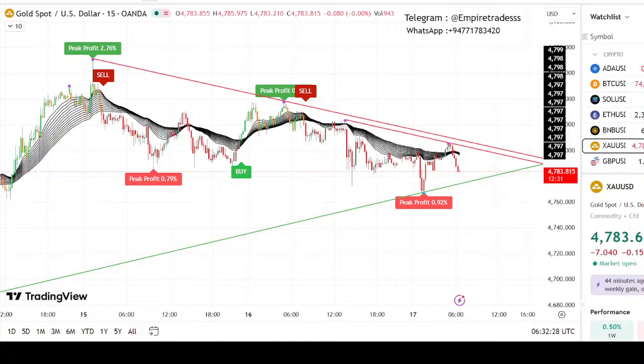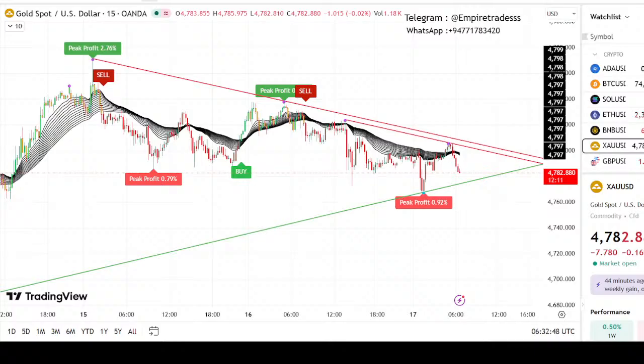In Forex trading, lot sizes come in three main types: standard lots, 100,000 units of the base currency, mini lots, 10,000 units, and micro lots, 1,000 units. The chosen lot size determines the value of each pip movement in a trade.